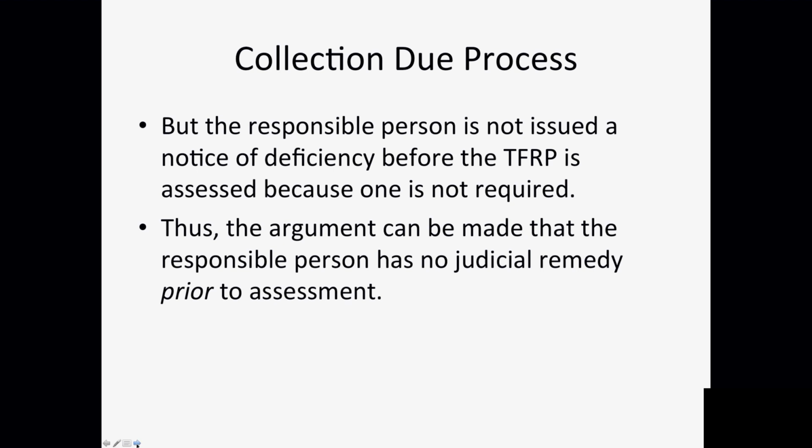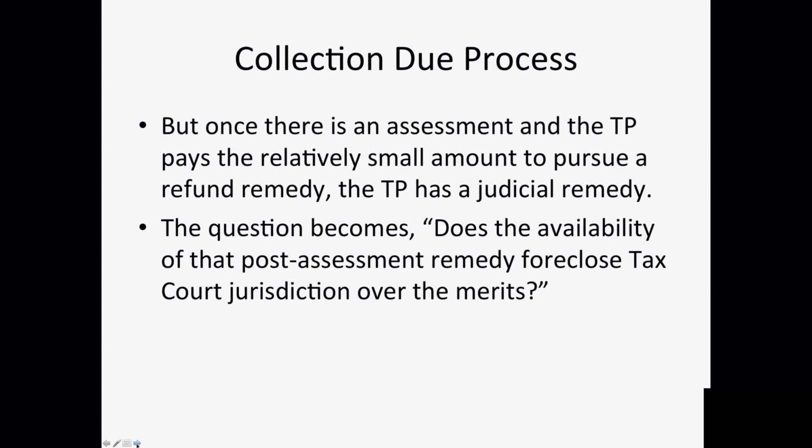But that argument cannot be turned around on the taxpayer who's assessed the trust fund recovery penalty, because when the trust fund recovery penalty is assessed, the responsible person is not issued a notice of deficiency. And so that gives way to the argument that the responsible person had no judicial remedy prior to assessment.